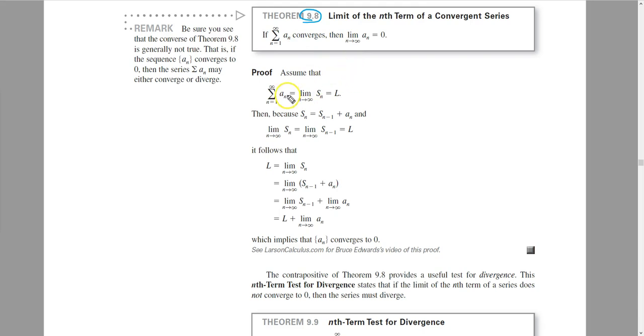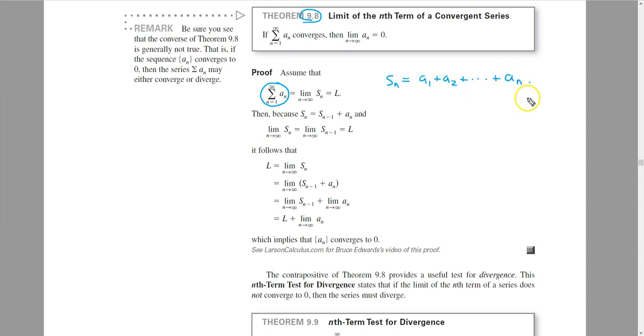So the proof goes like this. If you start out with the summation of your an's, suppose that this quantity is equal to L. Then what that means is the limit as n goes to infinity of your nth partial sum is equal to L. Now keep in mind your nth partial sum is, you just add up the terms to the nth term.